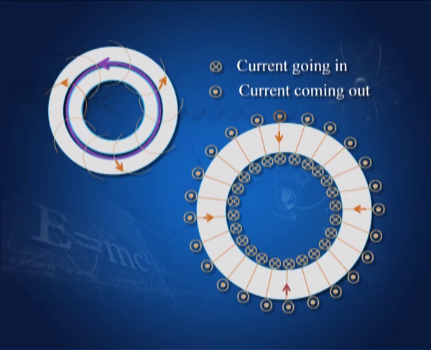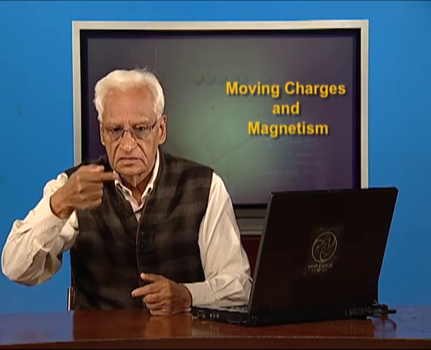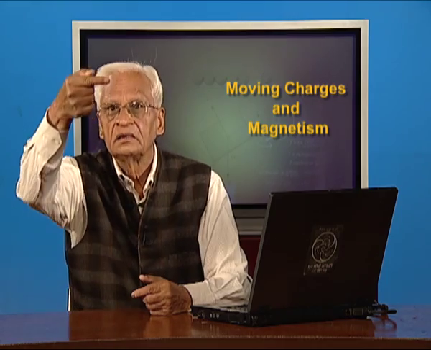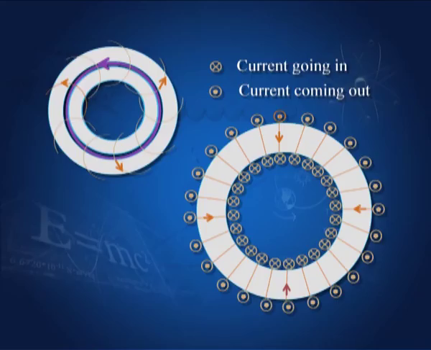This is now a solenoid bent into a toroid, and these are the currents going in. You see, you have a loop like this, the current going in, the current coming out, the current going in, the current coming out. So, these crosses represent the currents going in, and the dots with circles represent the currents coming out. So, this is a flow of current in the toroid.